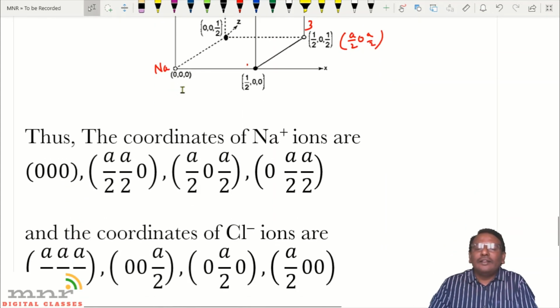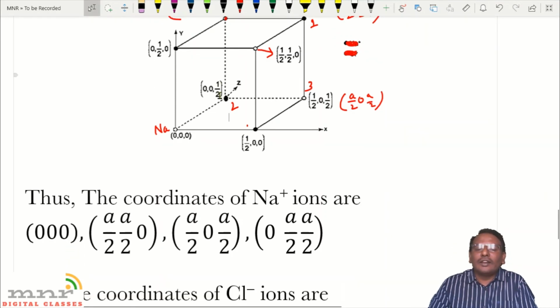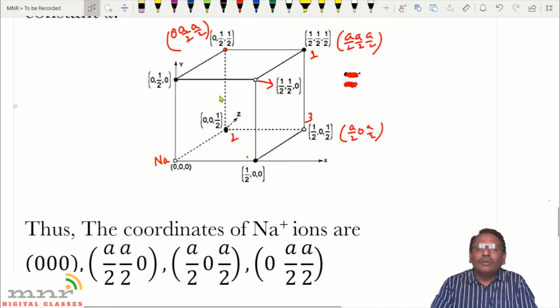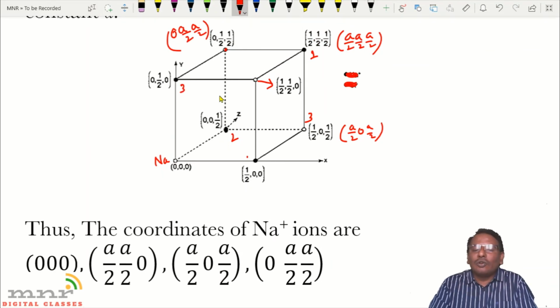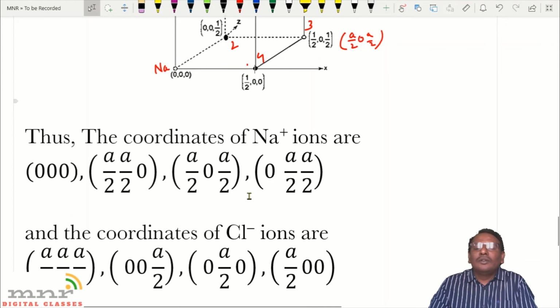The second one is 0, 0, a/2. The third chlorine atom is 0, a/2, 0. And the fourth chlorine atom is a/2, 0, 0. These are the coordinates of the sodium ions and the chloride ions in the lattice.